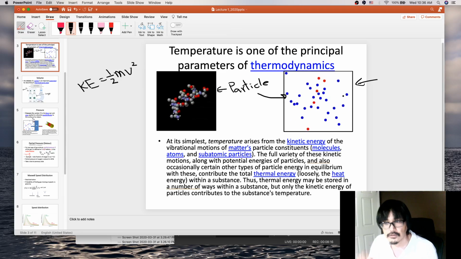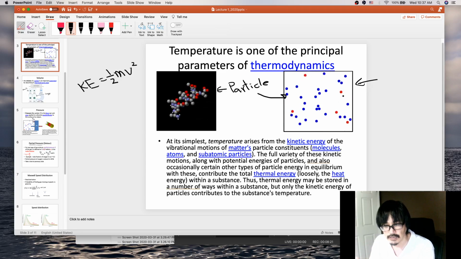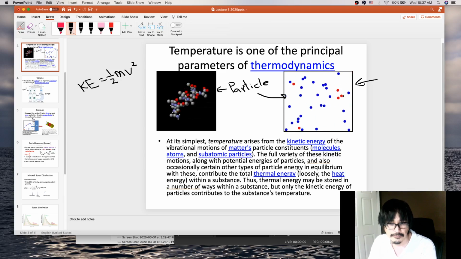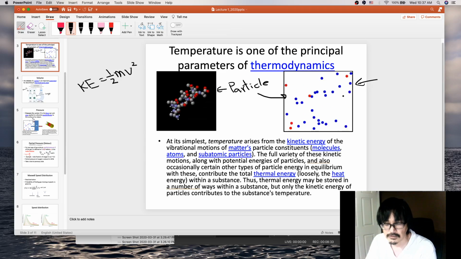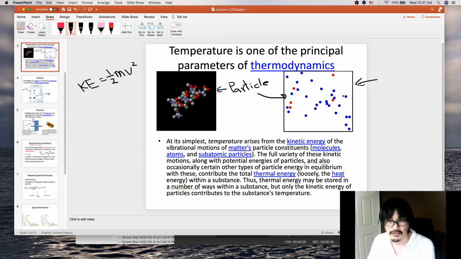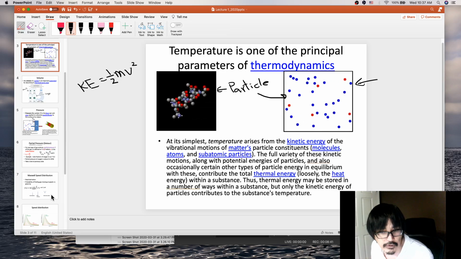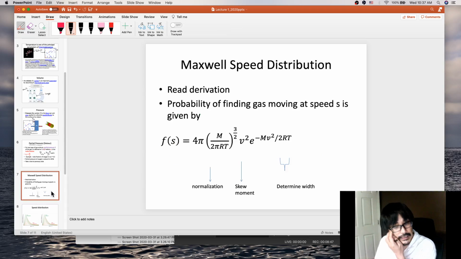Then you can plot what percent of the particles have velocities of less than 5 miles per hour, what percent are moving at 5 to 10 miles per hour, then what percent is moving at 10 to 15 miles per hour, and so on and so forth. If you plot something like that, you get something that looks like this, and it always happens to have speed distributions that look like this.